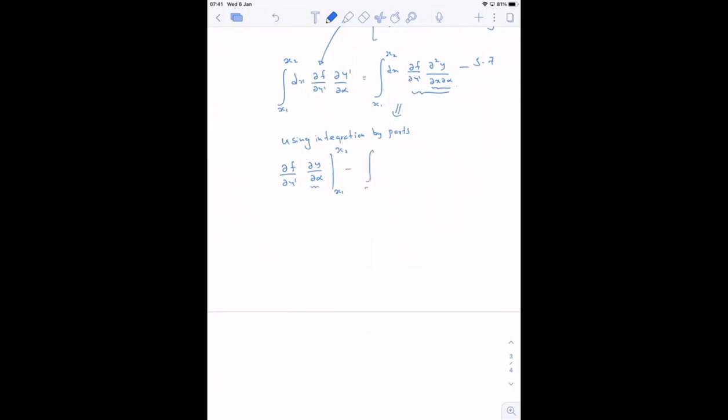And minus, from x1 to x2, now you have to differentiate the other one, that is ∂f/∂y'. The remaining term is ∂y over ∂α and then dx. Right? So this is what you get from integration by parts.